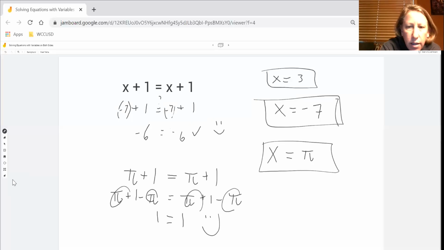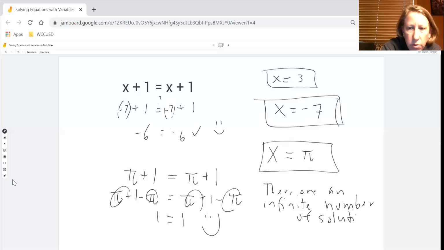You could say there are an infinite number of solutions. That's one way to talk about this type of problem. The other way is you can tell me what the answers are. X is all real numbers.